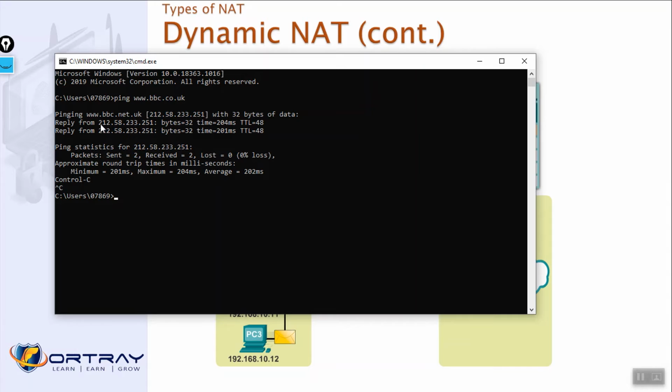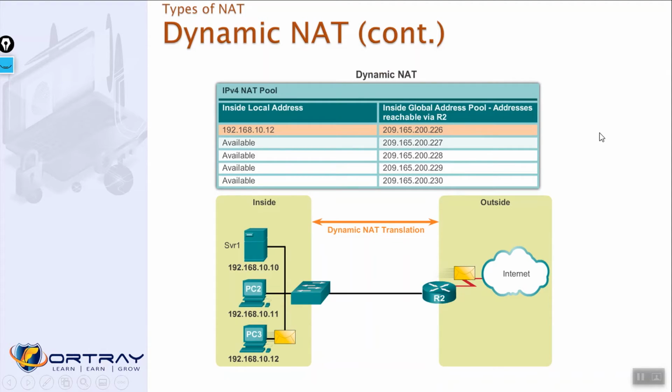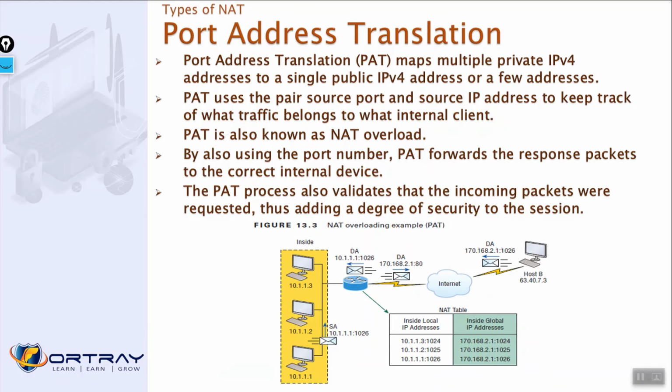The outside world knows this IP address all the time because the DNS has the mapping entry of 218.58.233. It has to be the same all the time. Otherwise, if the IP is changed, then we need to update the DNS entry as well. So in dynamic NAT we have a range, and every time you go outside, you get the IP address from that range.